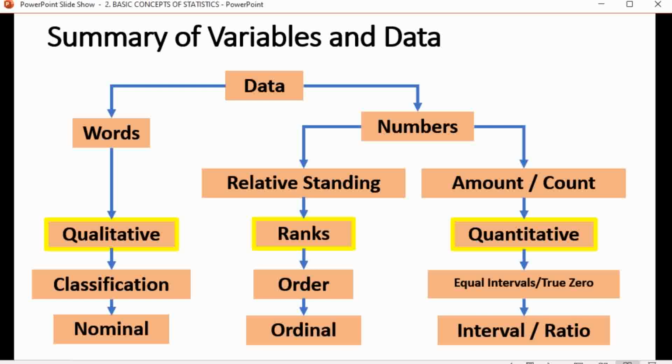And when ranking, we're trying to order things. And since it's ordering, that is ordinal. Amount or count is an example of quantitative. So either it's equal intervals, meaning it could have negative values, or through zero. The scales for these are interval or ratio.